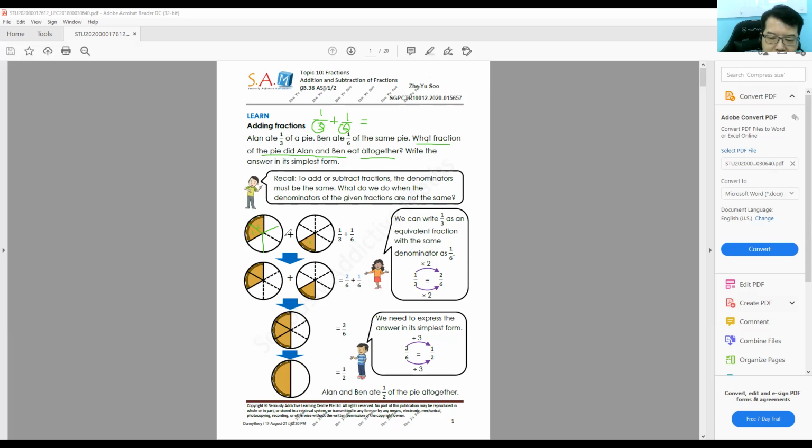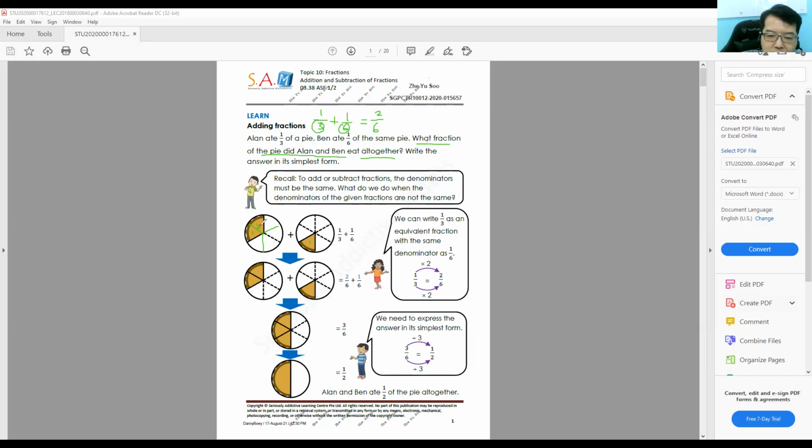Because from 3 parts, you have cut it up into 6 parts, the 1 part out of 3 that you had just now, you split it into 2. Now you have 2 parts. So 1/3 is the same as, sorry, not 2 out of 3, forgive me, 2 out of 6.